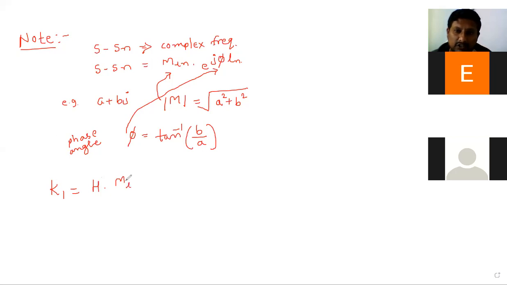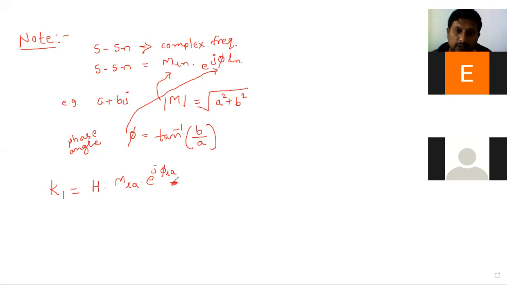magnitude, meaning distance, actually the distance between 2 points, M of la into e raised to j phi of la, this is with respect to the zeros.